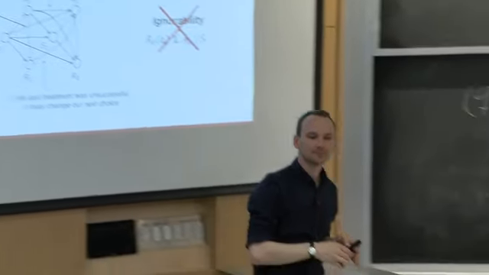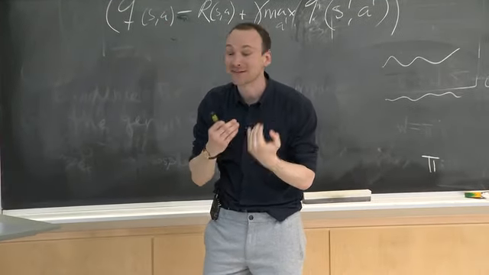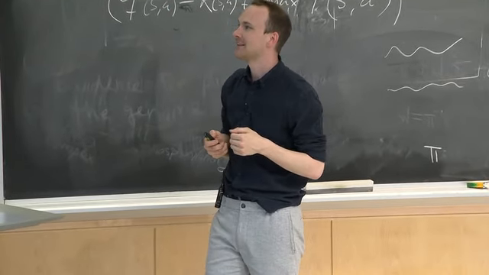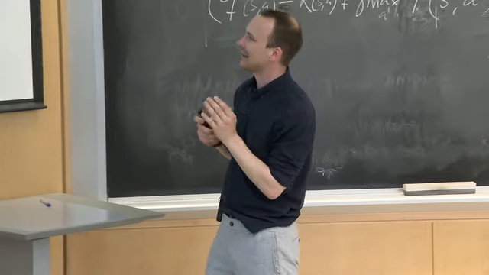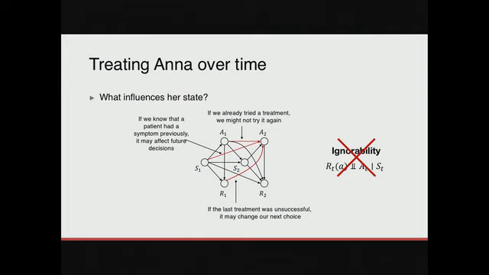Yep, go ahead. But you can always put everything in a state. Exactly, exactly. So this depends on what you put in the state. So this is an example where I introduce these arrows to show that if I haven't got that information here, then I introduce this dependence. Okay?